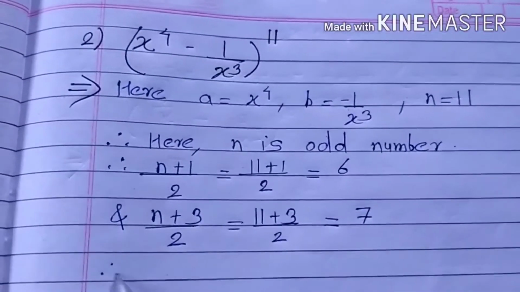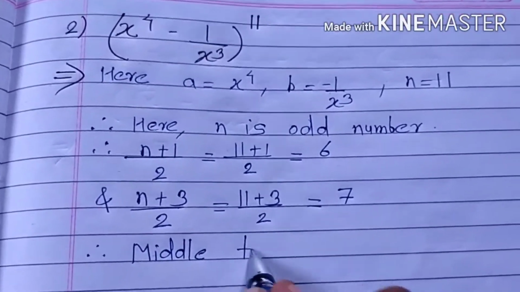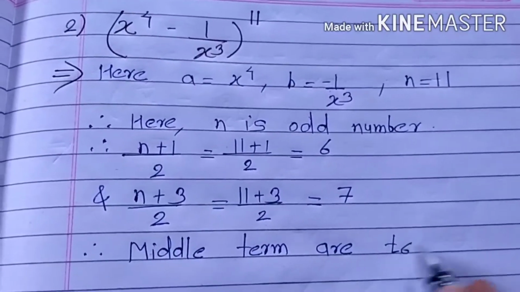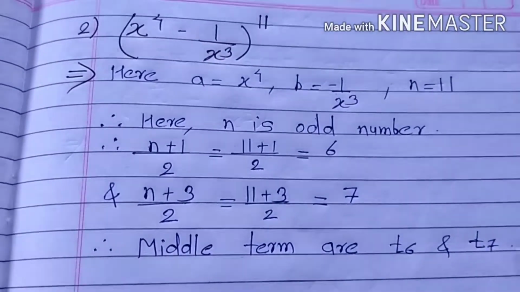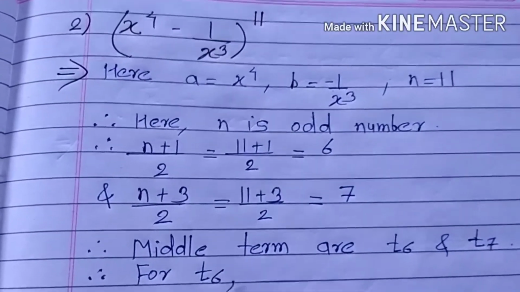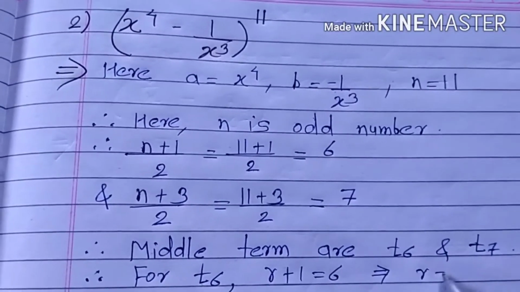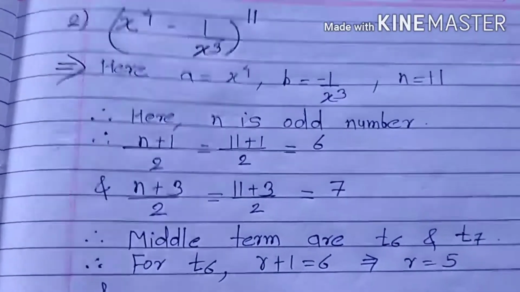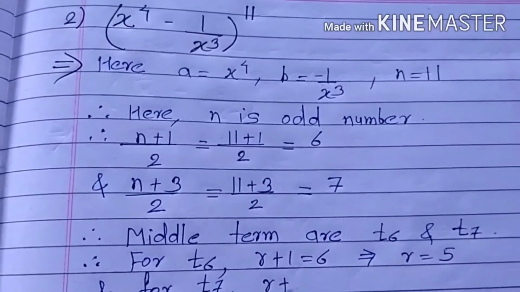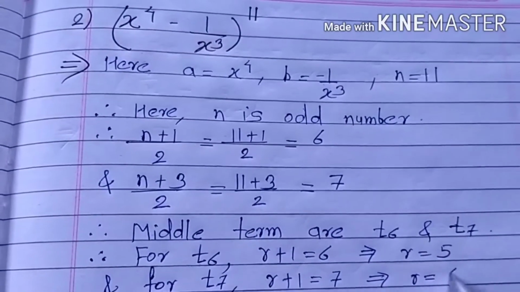So therefore there are two middle terms. Middle terms are T6 and T7. So for T6, r + 1 is equal to 6, and this implies that r is equal to 5. And for T7, r + 1 is equal to 7, and this implies that r is equal to 6.